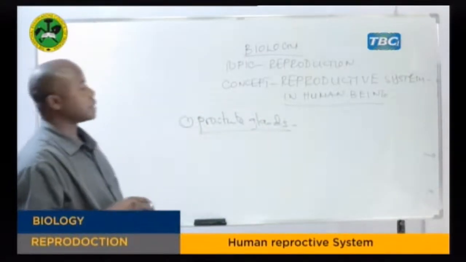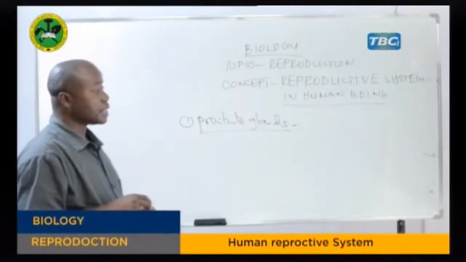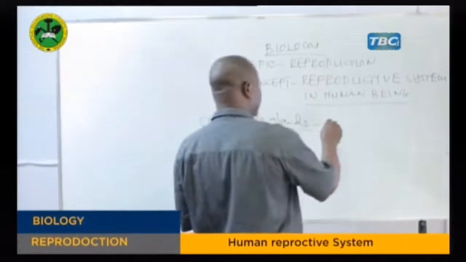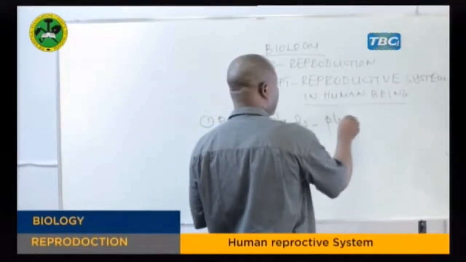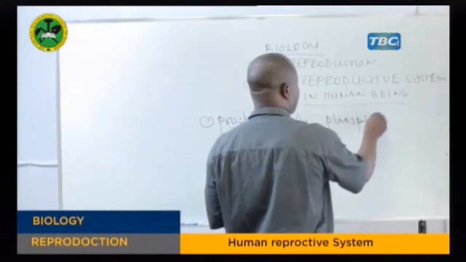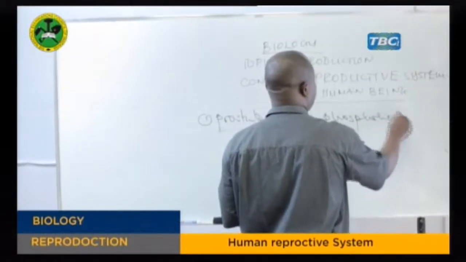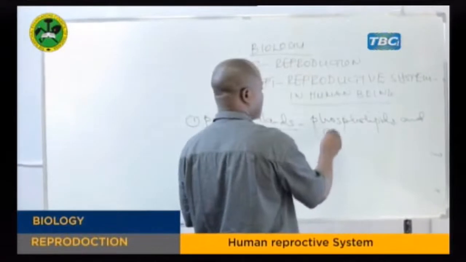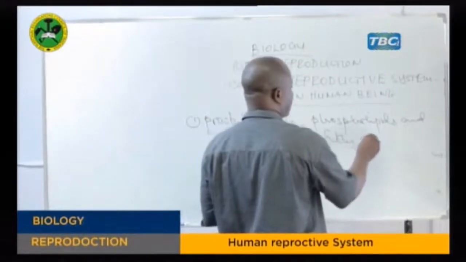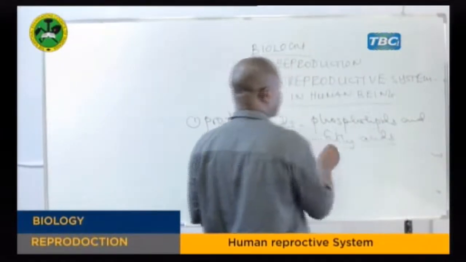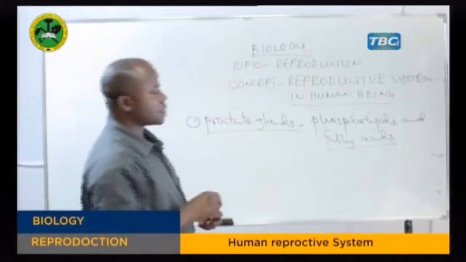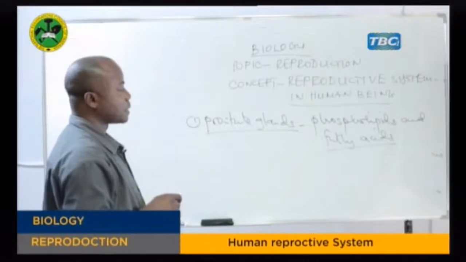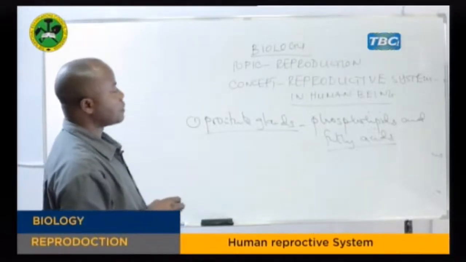The prostate gland produces fluid that contains phospholipid and fatty acids. These nourish the spermatozoa during their transport to the female reproductive tracts.